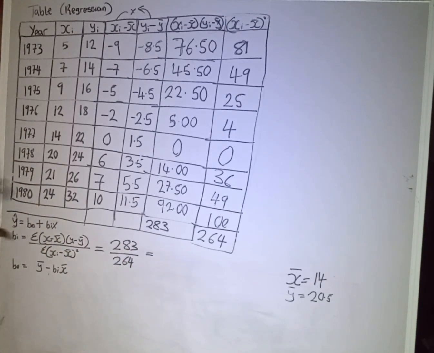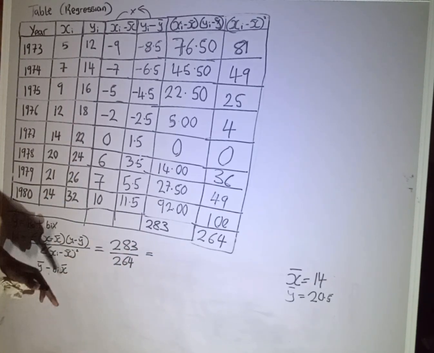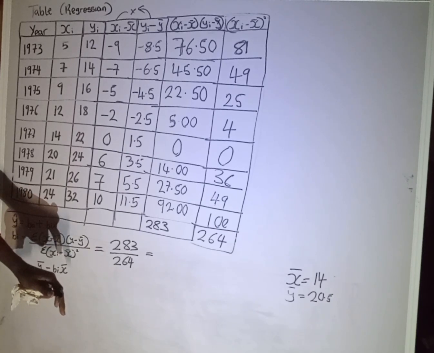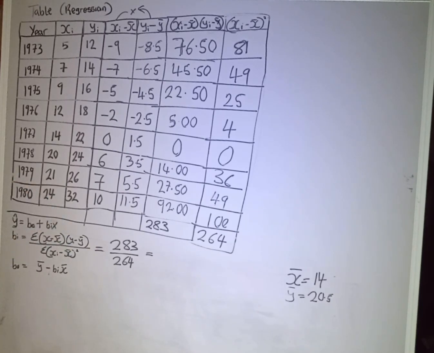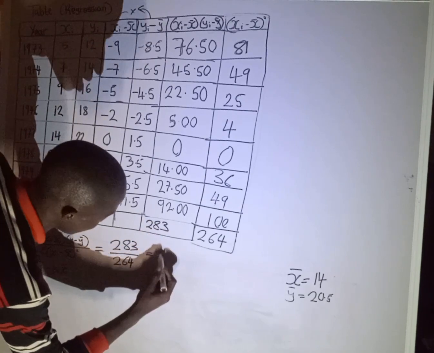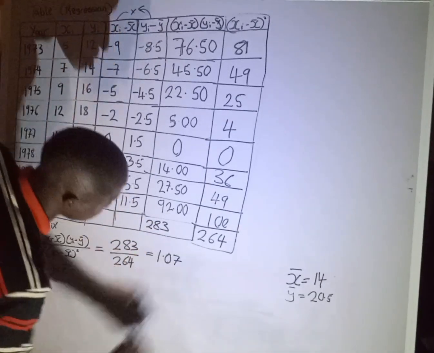So 283 divided by 264, you are going to get 1.07 as the gradient. The gradient will be 1.07.